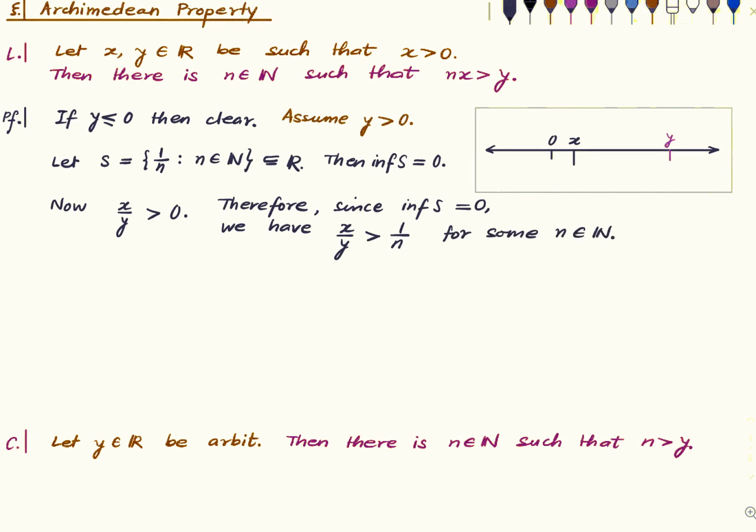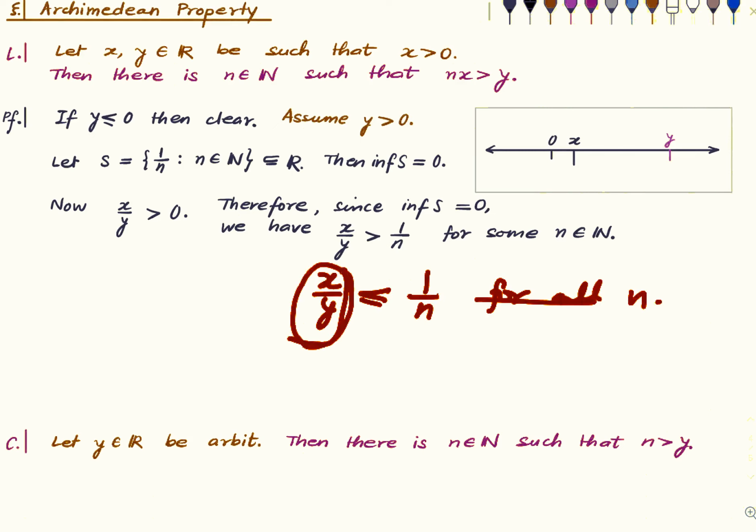So let me explain this line. We are claiming that there is n such that this happens. Assume that is false, then we would have this is less than or equal to 1 by n for all n, and that would mean that this is a lower bound of the set S, and therefore dominated by the greatest lower bound.